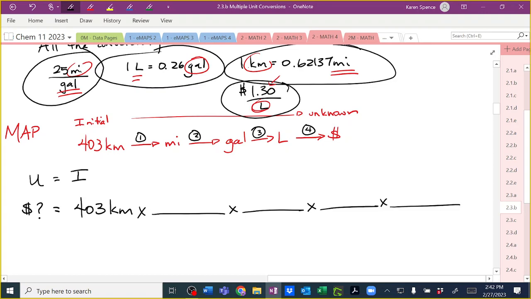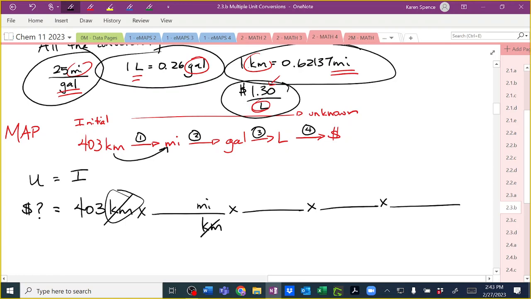Okay? What am I going to do with kilometers here? I need to do what with it? Cancel it out. So it needs to go on the bottom. So kilometers go here. And I'm turning kilometers into miles, so miles need to go on the top.